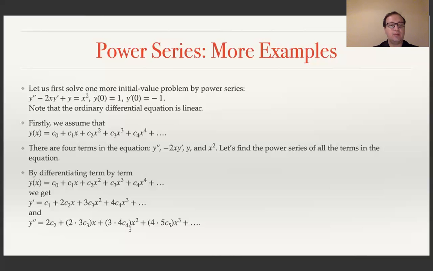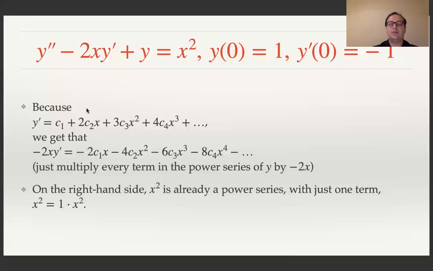And then the next term would be 5c5x to the 4th, and the derivative of that will be 4 times 5 c5x cubed, etc. So y double prime is given by the sum of this power series. So now we have computed the power series of y double prime.